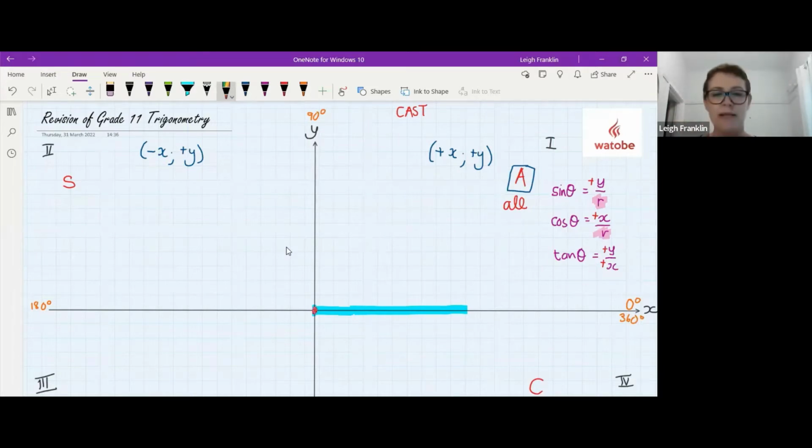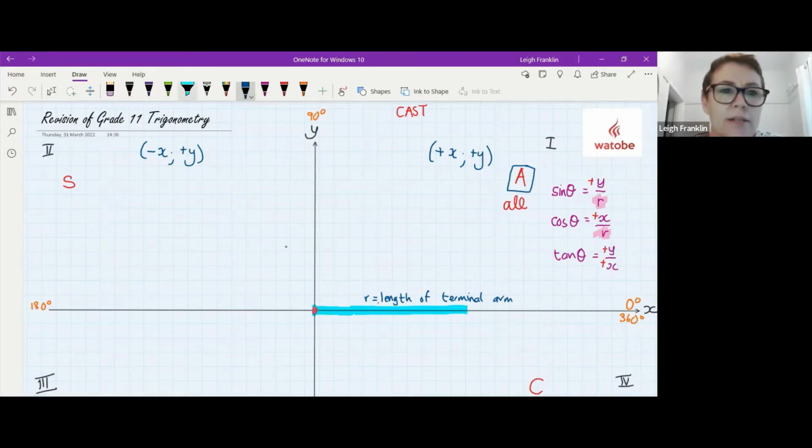And just like the minute hand of a clock, this arm can swing. Because this represents the distance from O to the end of the terminal arm, we call that r. So r is a distance. It is the length of the terminal arm. And because it is a length or a distance, it is always, always, always positive.